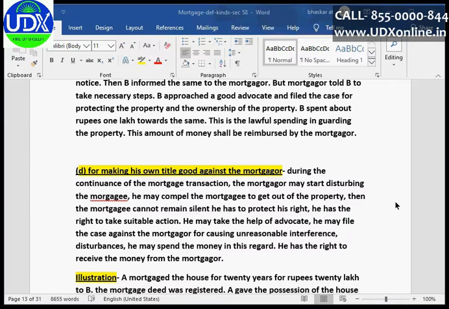I repeat, the mortgagee has paid a good amount of money to the mortgager. For that reason, the mortgagee has received the possession of the property.